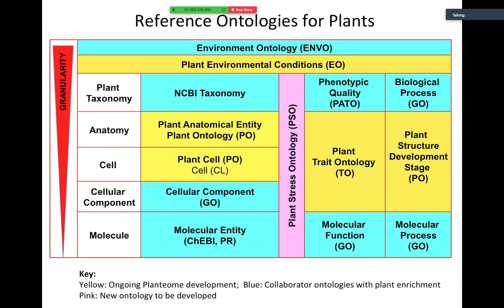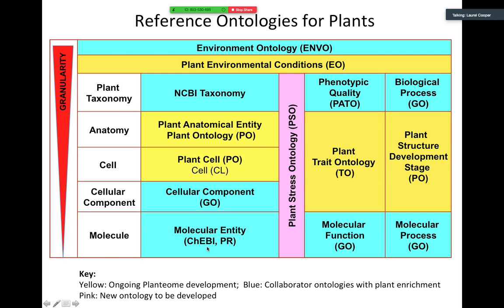One of the really important aspects of working with ontologies is we always try never to overlap with what other people are working on. So it's very collaborative. The ontologies such as the GO and the phenotypic quality ontology, PATO, we integrate them and use those terms to describe the aspects of our data which we need the quality for, or biological process or molecular function.